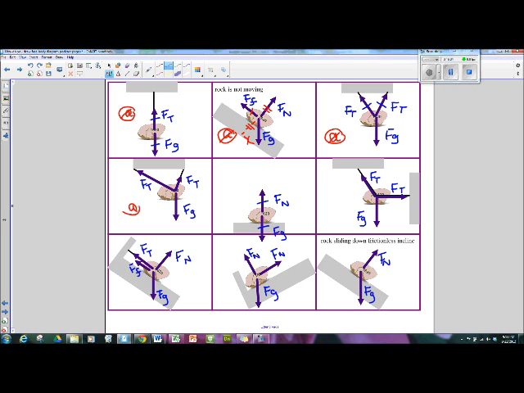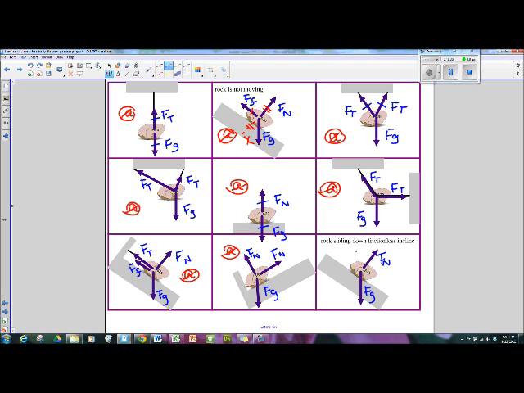So hanging stationary, so there's no acceleration. This one, two forces cancel each other out, no acceleration. This, hanging stationary, so there's no acceleration. This one, holding in place, so there's no acceleration. Also holding in place, so there's no acceleration.